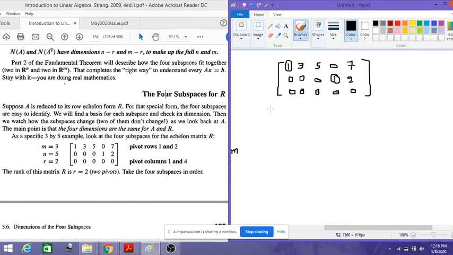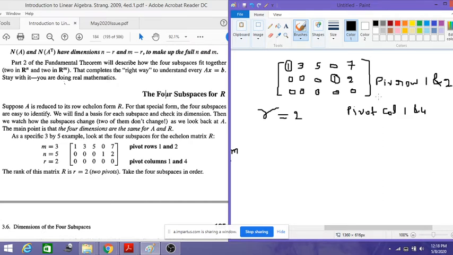It means the rank of the matrix is equal to 2. The pivot columns, if I write COL to represent columns, are 1 and 4, and the pivot rows are 1 and 2.